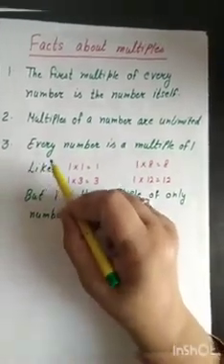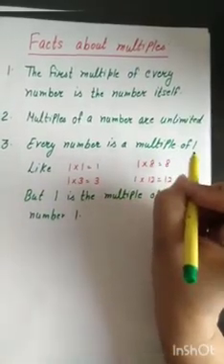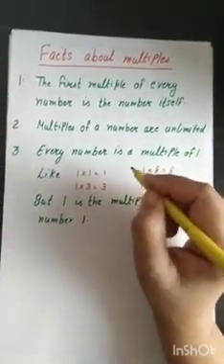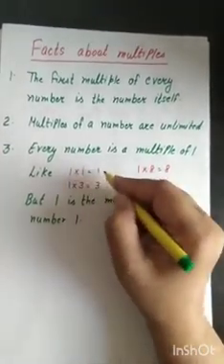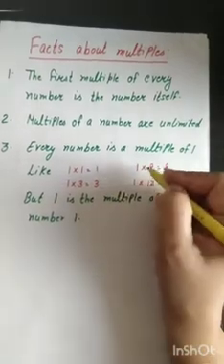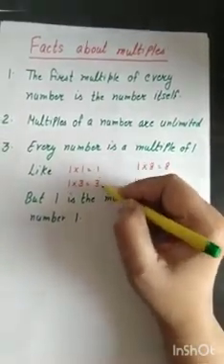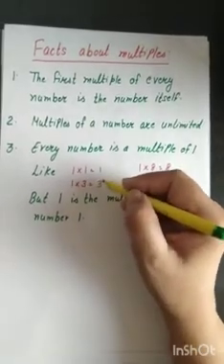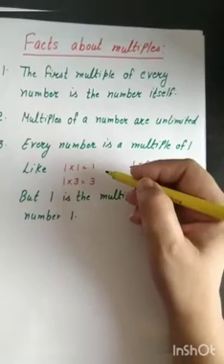The next fact is, every number is a multiple of 1. This means all the numbers can come in the table of 1. Like 1 one is 1, 1 three is 3, 1 eight is 8, 1 twelve is 12.